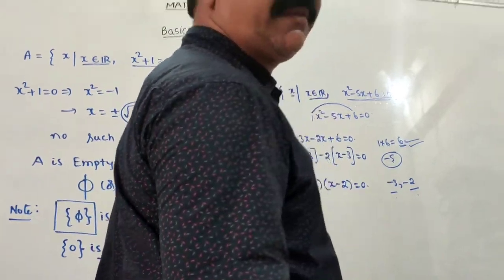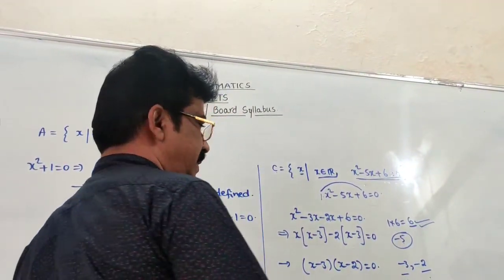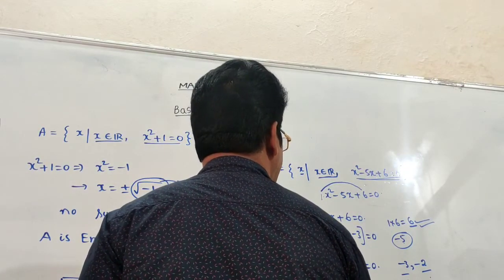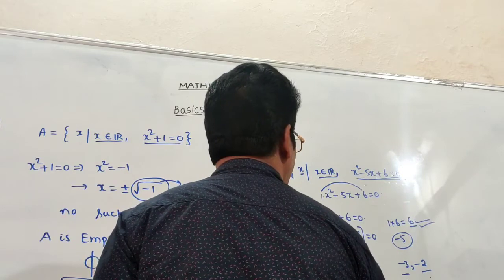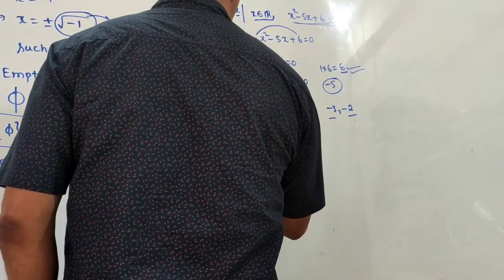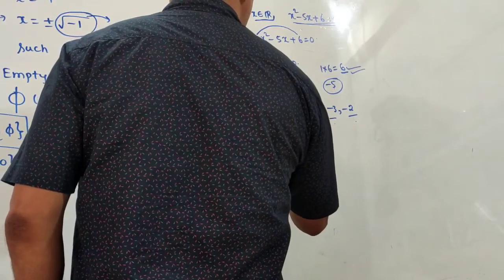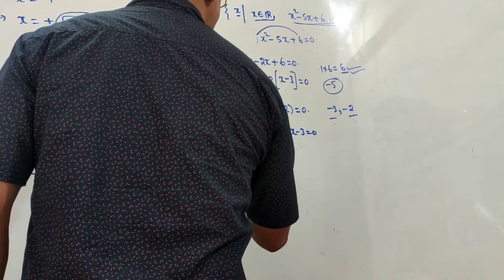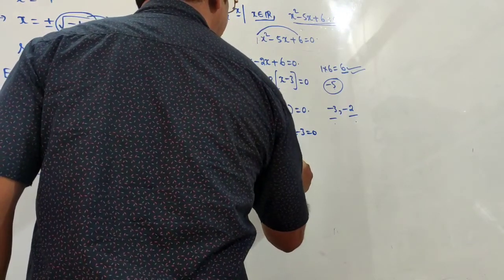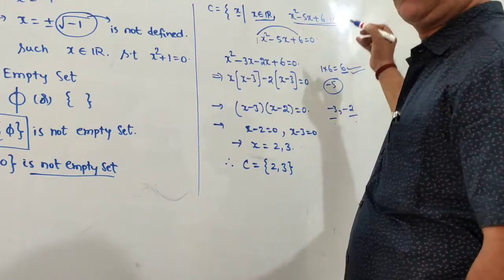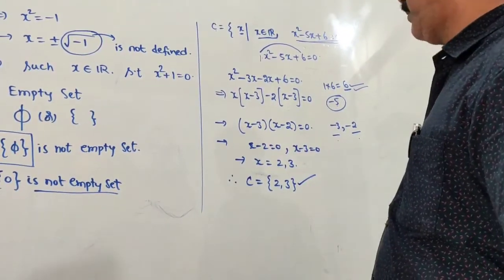Already you are familiar with finding factors or solutions for a quadratic equation. So x minus 2 is equal to 0 and x minus 3 equal to 0. Therefore, x is equal to 2 comma 3. Therefore, capital C, the set, is equal to the set of 2 comma 3. Of course, the earlier one is set builder form and this one is roster form.